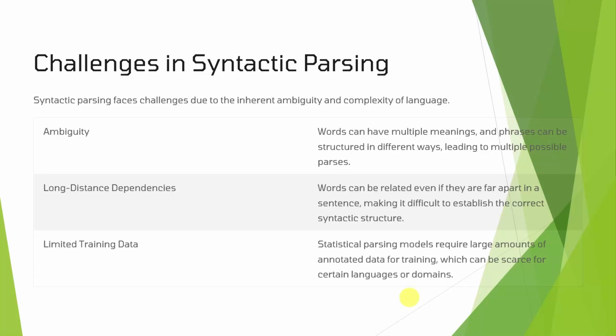When we frame a sentence, words can be related even if they are far apart in the sentence, and establishing the correct syntactic structure there is difficult, so we are not able to apply syntactic parsing in a very efficient manner. And there is limited training data, since statistical parsing models require a large amount of annotated data for training, which can be scarce for certain languages or domains.